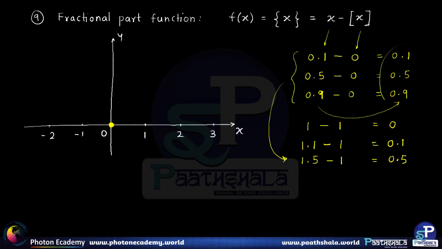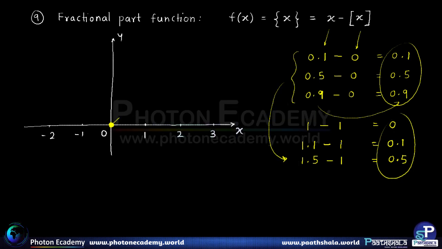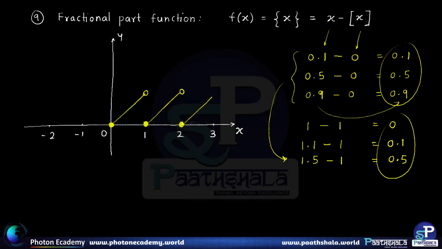So you see basically the same pattern of the fractional part will repeat. Therefore starting with 0 it goes up to 1, at 1 it falls down to 0, once again it starts rising, goes to 2 and falls down at 2, and so on.